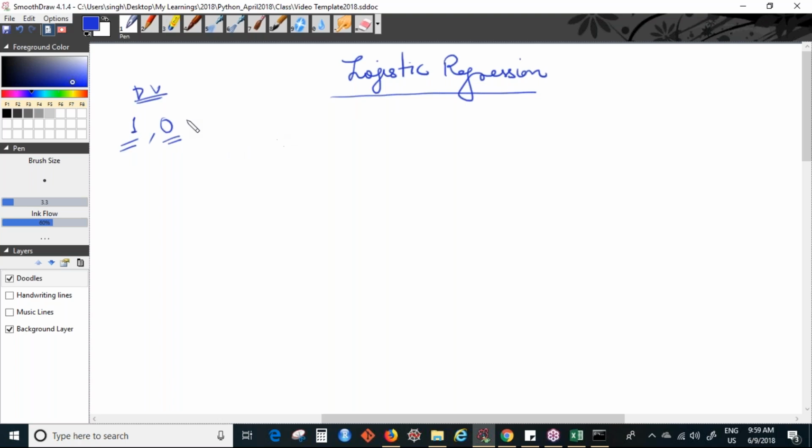Now the answer to that is, now your dependent variable is only 1 and 0. Okay. Whenever you draw a linear regression, it is like an infinite line, which has the range from minus infinity to plus infinity, depending on the values of x that you give.